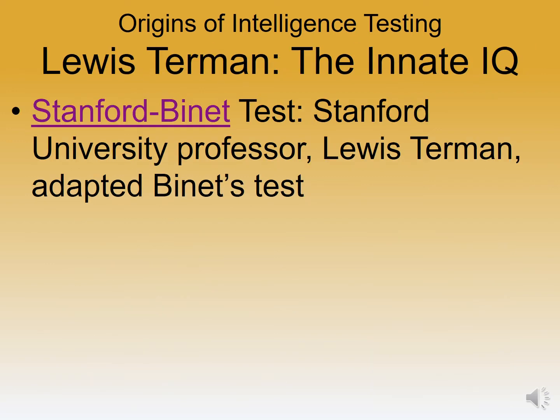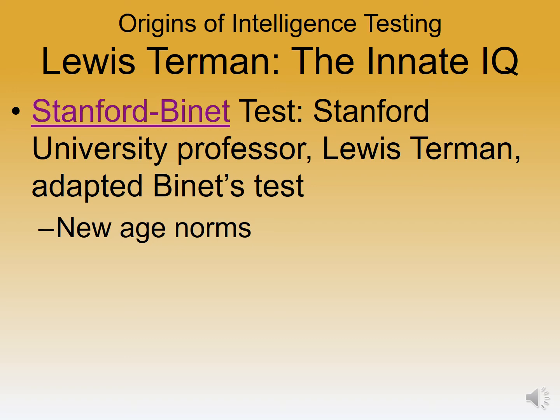All right, so this test was modified a little bit by Stanford University professor Lewis Terman, and he took Binet's test and adapted it, and this became the IQ test. He didn't call it that, but this is what it became. And so what Terman found was that when he applied the Paris-developed questions and age norms with California school children, it didn't really line up.